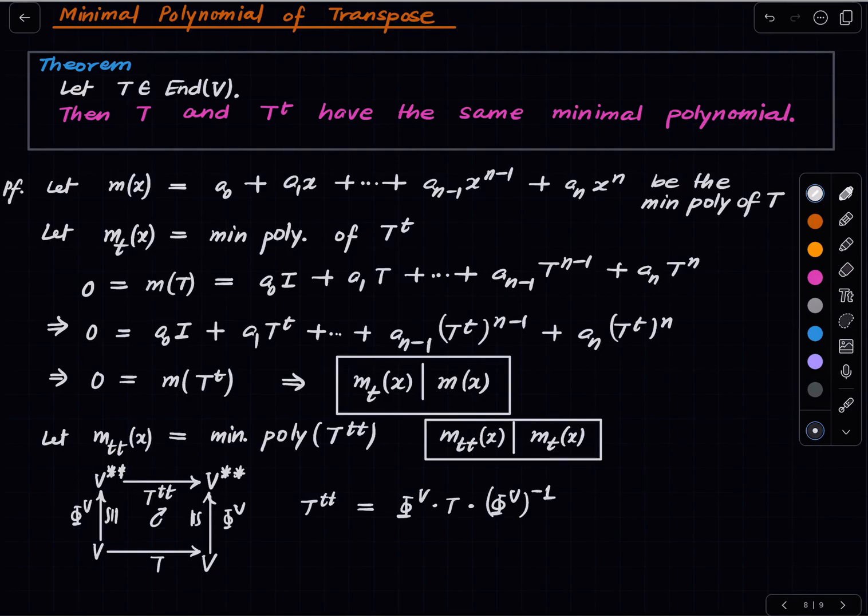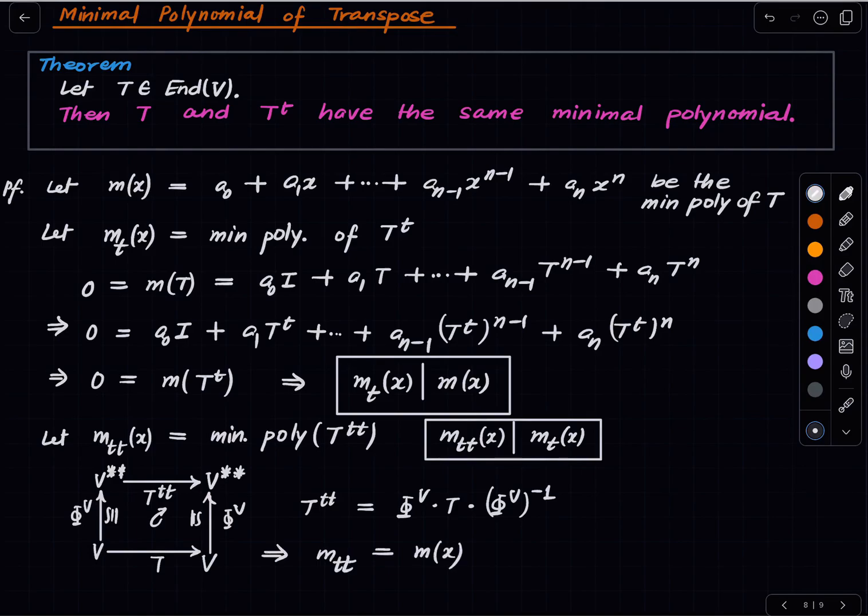So anyway, philosophically, what does this mean? Philosophically, this means that T double transpose is essentially the same as T. And therefore, the minimal polynomial of T double transpose should be same as the minimal polynomial of T, and that you can prove using this equation. So this implies that this equals mx.